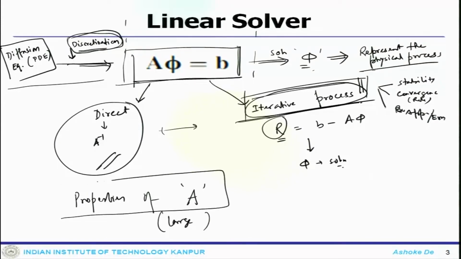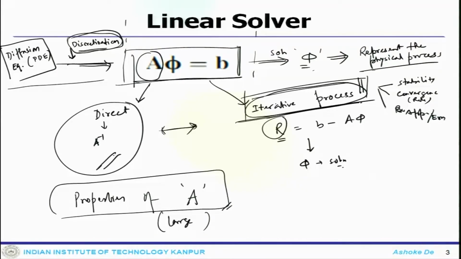So, one has to know certain properties of this linear system before moving ahead with any kind of solver calculation, because the solver calculations would give you a flavor of how to get the direct approach or the iterative process to get a solution for phi, but that involves assuming the properties of A, which is the backbone of this calculation process.